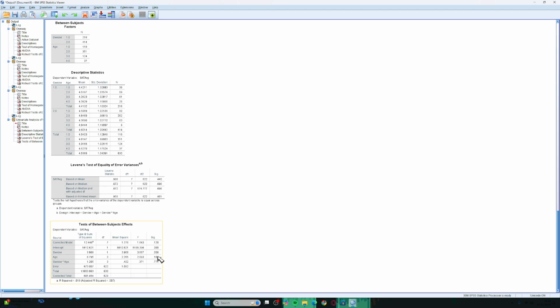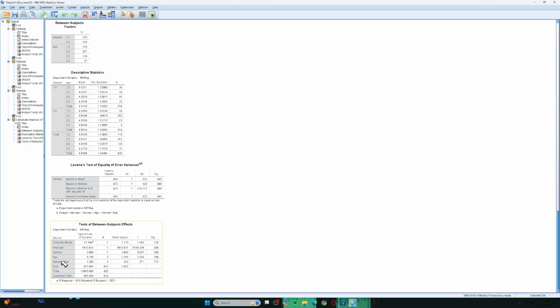When it comes to age, since the p-value is greater than 5%, the main effect of age is not statistically significant. Satisfaction does not vary significantly due to age alone.